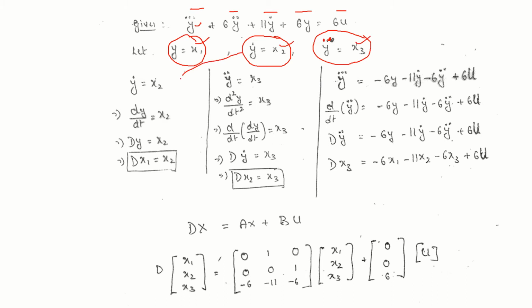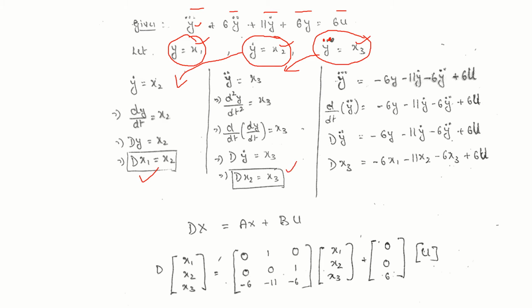Now you take this one and convert it into state equations. Y dot equal to x2, so this will become dx1 equal to x2. Next, y double dot equal to x3, you can write this way, then d by dt of y dot, and y dot is nothing but x2.